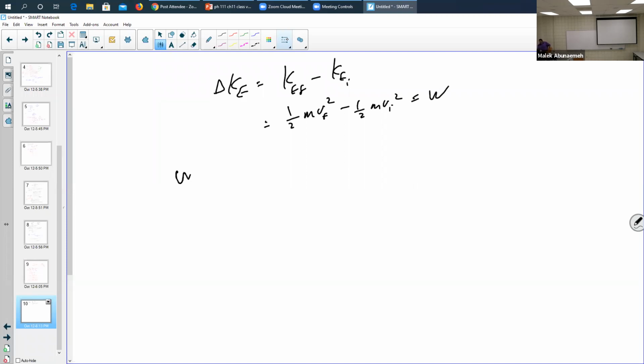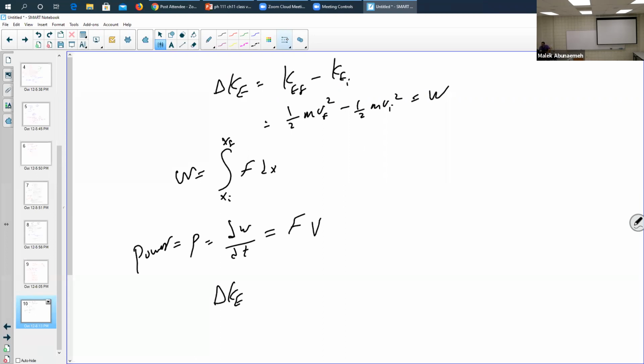Now, your work is defined as the integral from initial x to final x of F dx, your force multiplied by your distance. And your power, which we talked about, is dW over dt, which equals F multiplied by v.